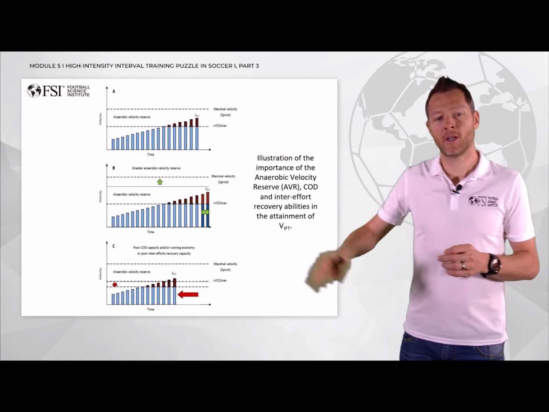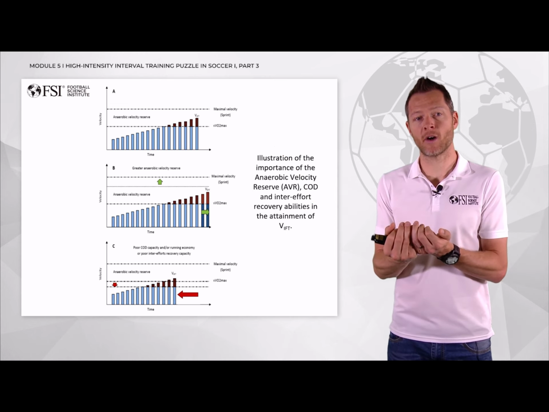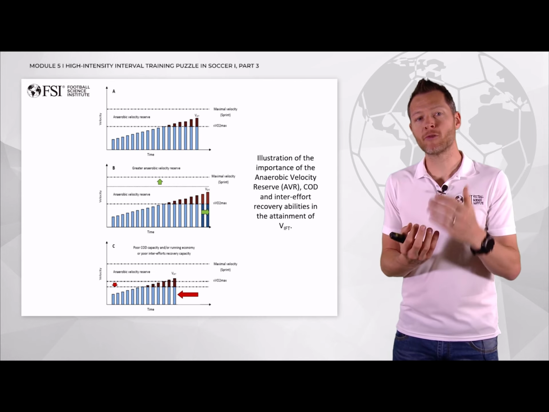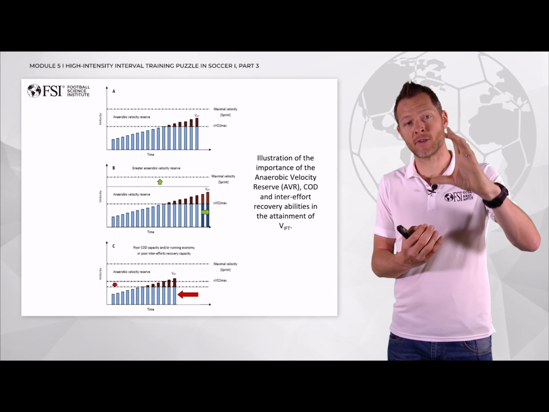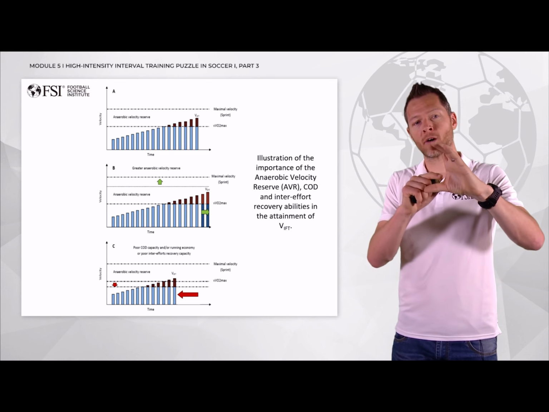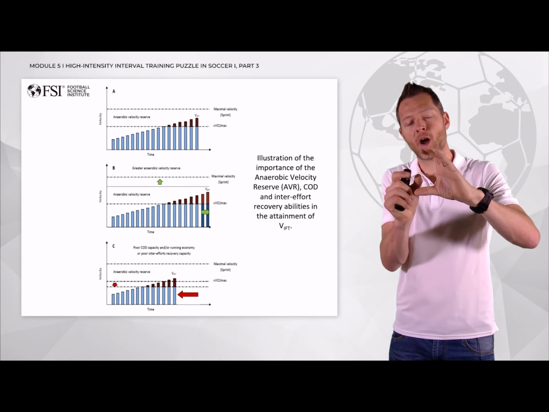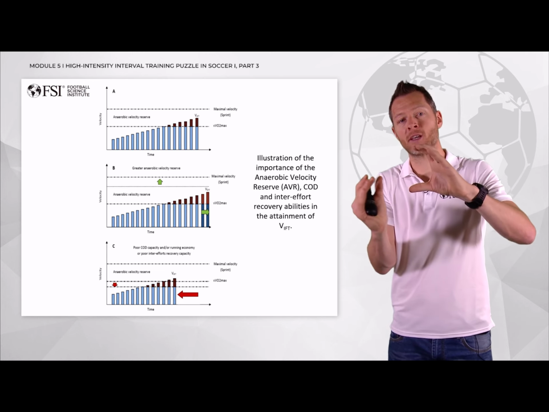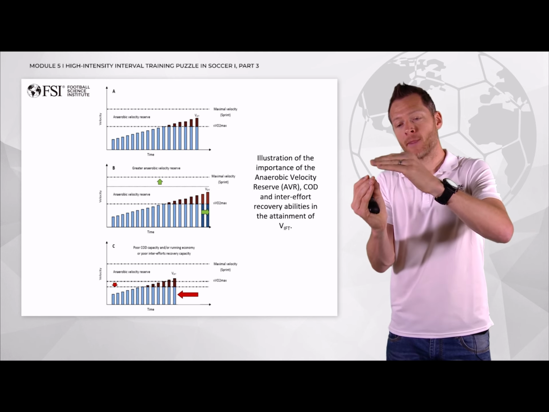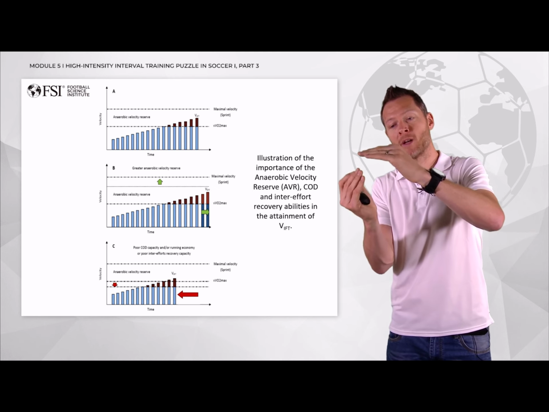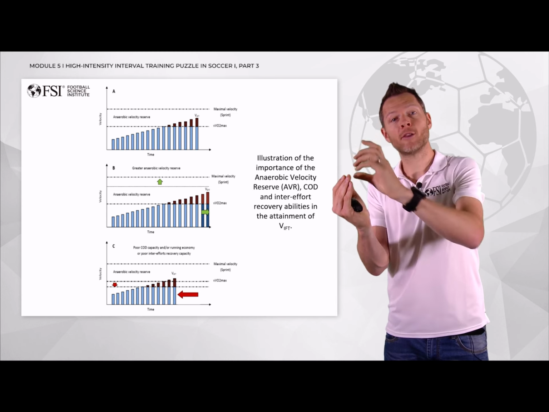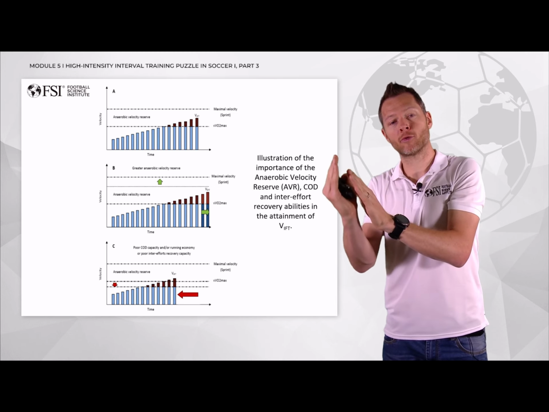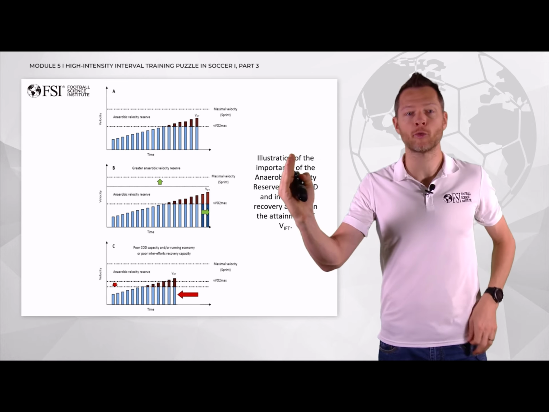If you look at the bottom, that's the effect of an improvement in maximal sprinting speed, so an improvement of the anaerobic speed reserve, and how that improvement allows the player to reach one or two more stages in the test. Because in that case, improving his maximal sprinting speed will give him more room in this supramaximal zone, and in the end, that will allow him to go faster on the test and make two more stages.